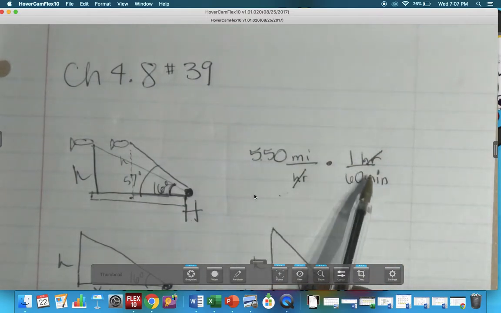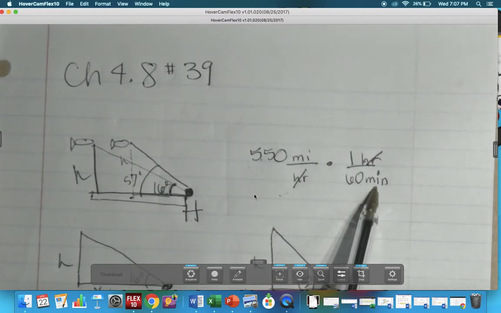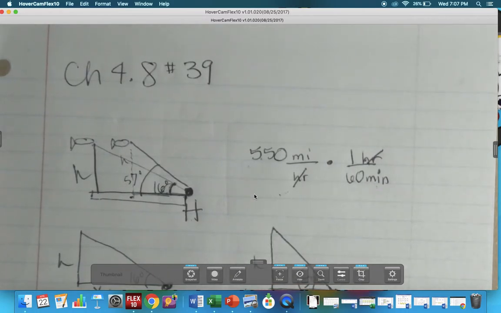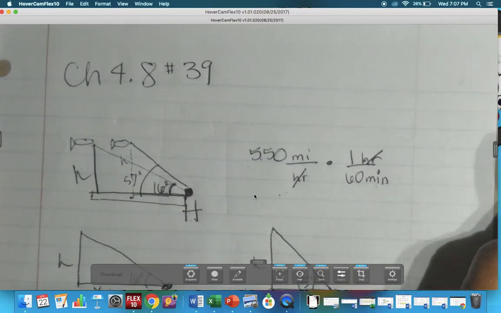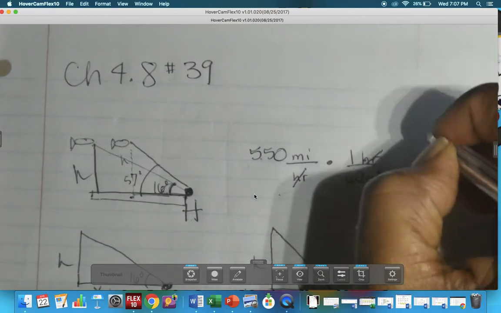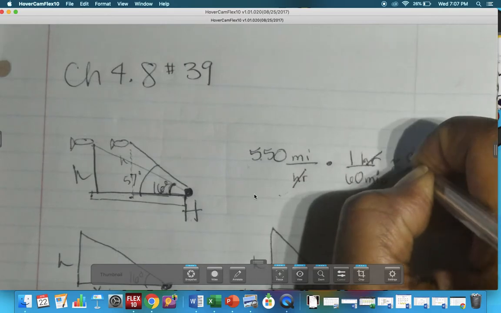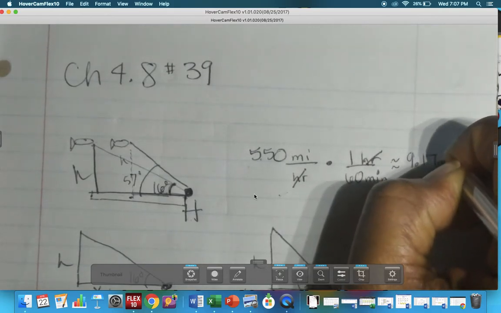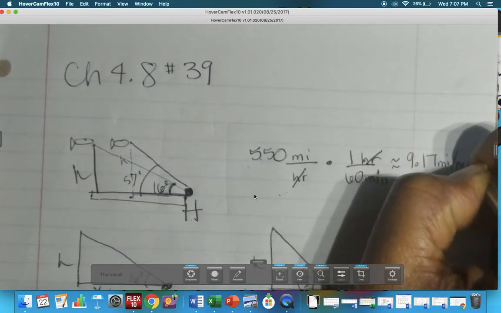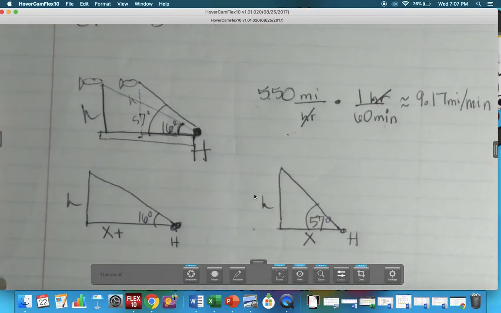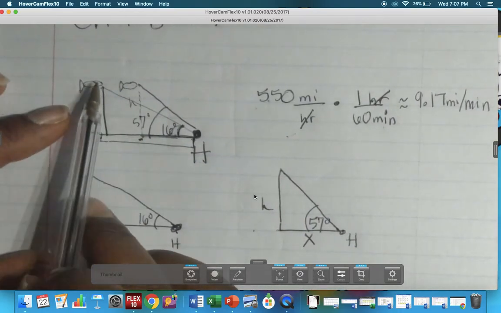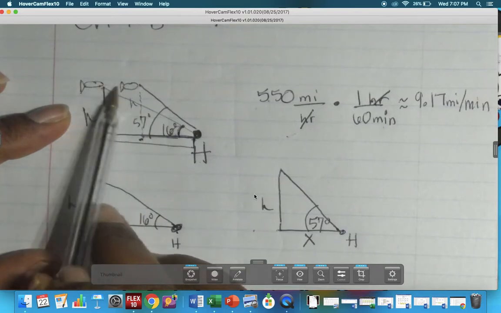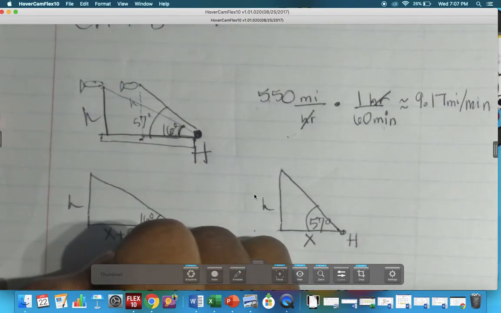I take 550 and divide it by 60, and I get 9.17, approximately. So it can go 9.17 miles in a minute. Which means the distance between these two points is just 9.17 miles. So I'll put here plus 9.17.